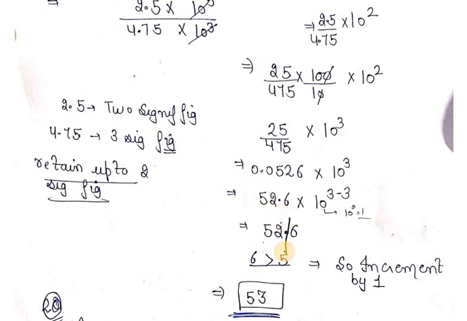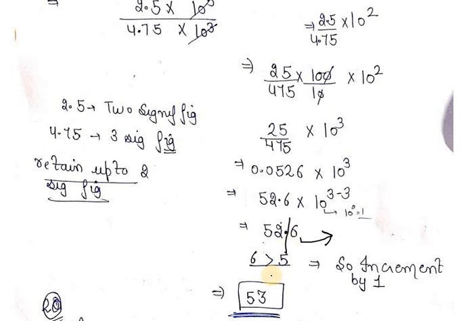Sorry for the disturbance, right? So first of all, you will see I have put the break here, right? You will see here 6, that is greater than 5. So when you round off a number, the rule is that if the number that you have to round off is greater than 5, your previous number is incremented by 1, right?